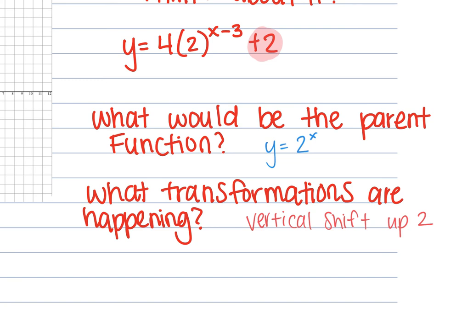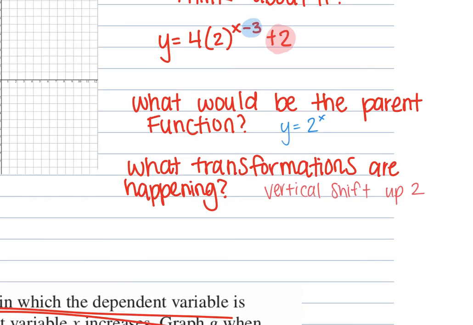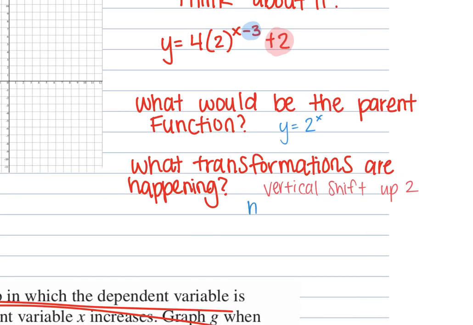What else is there? Gio? There's a horizontal shift. Close. You're absolutely right. There's a horizontal shift of 3 units. Now remember, Gio, if it's minus 3, where is that going to move us?